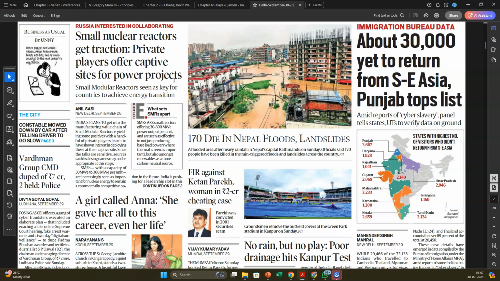And for that, we are planning to have small reactors, operated by these private players, in the captive area where the major nuclear power plants are, in that area itself small power plants will operate. So this is something that we are looking forward to, and there has been a considerable amount of interest coming from Russia with respect to this.